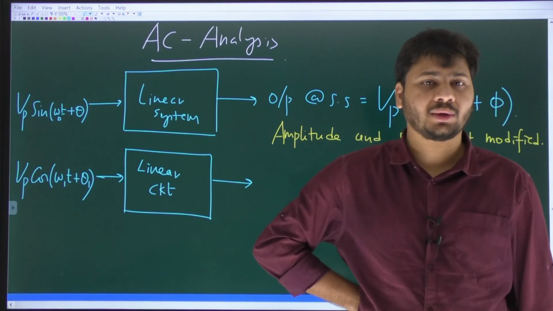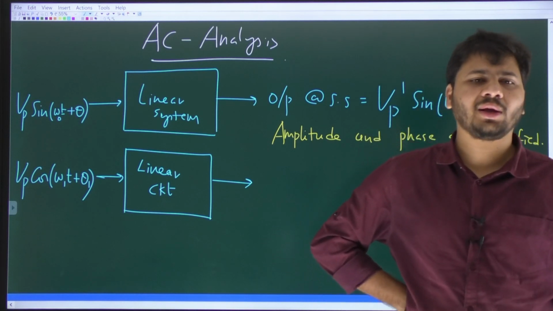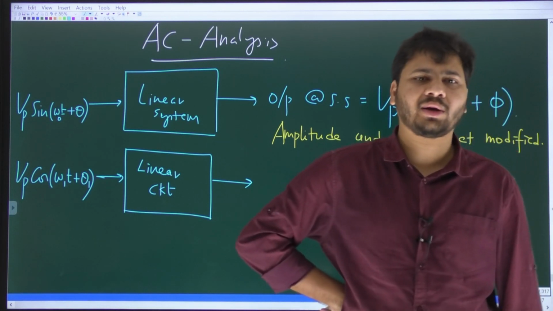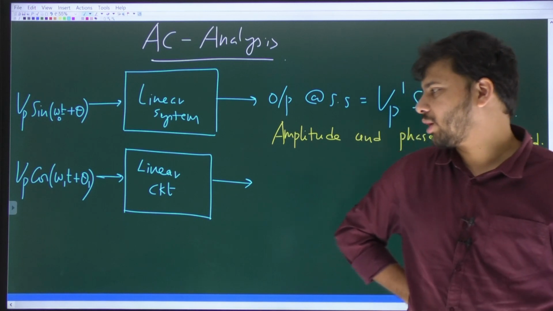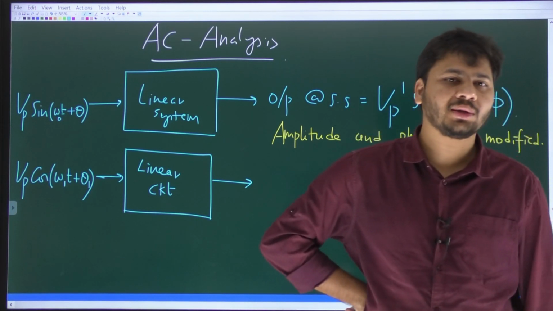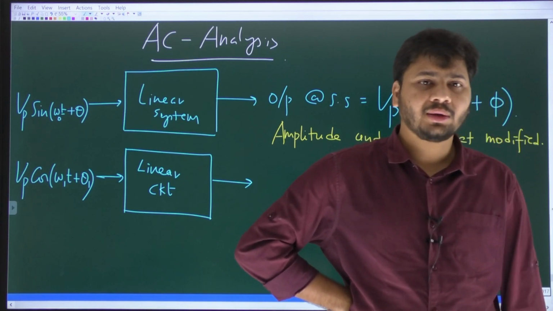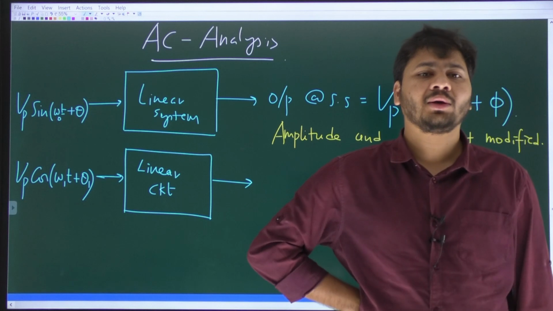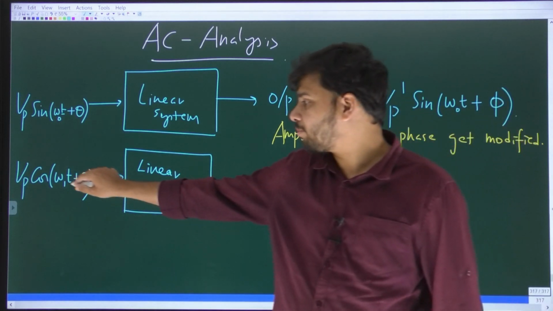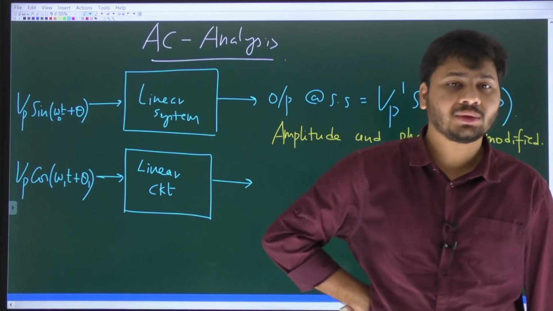This is very important. If the linear circuit reaches steady state, ideally, when will any circuit reach steady state? It will reach steady state at t equal to infinity. So at t equal to infinity, when our linear circuit reaches steady state, every voltage and every current in that linear circuit will also be a sinusoidal function at the same frequency as that of the input sinusoidal source.